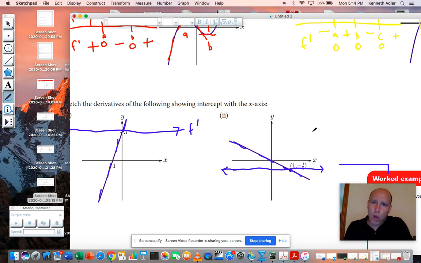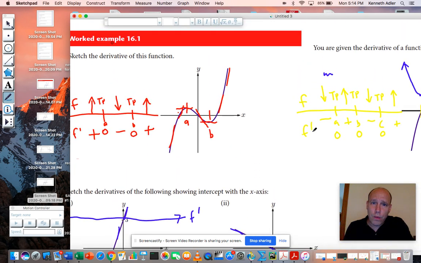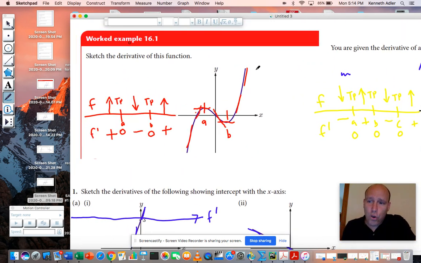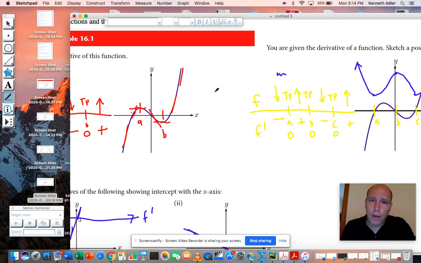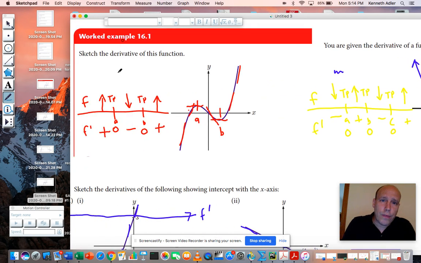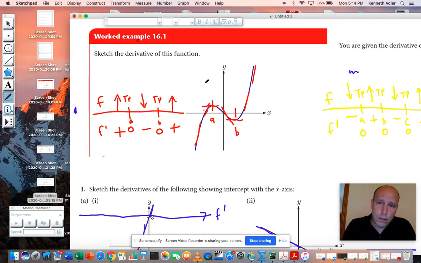And the last thing I want to talk about is something really interesting: the function for the first one right here was a cubic, and the derivative, what was the derivative? Or I erased it. What was the derivative? The derivative was positive, negative, positive. The function was a cubic.